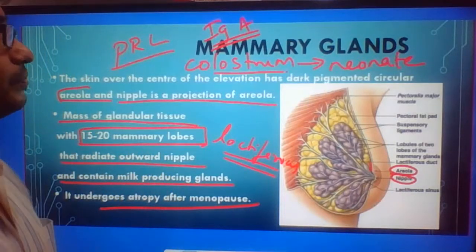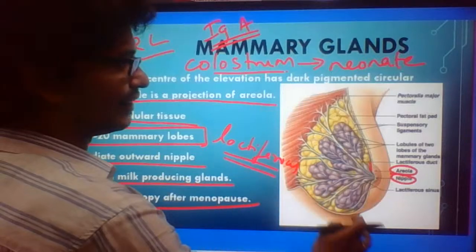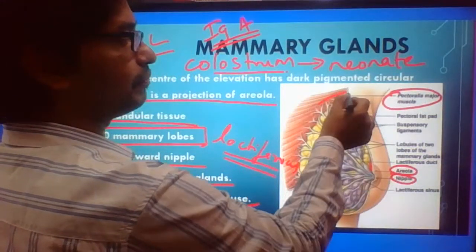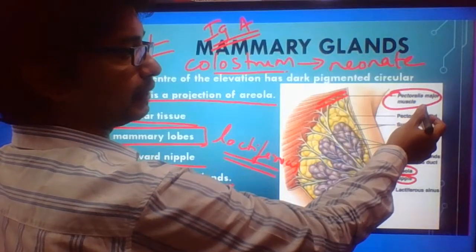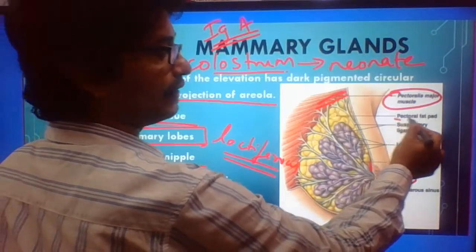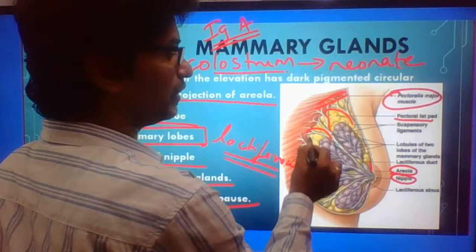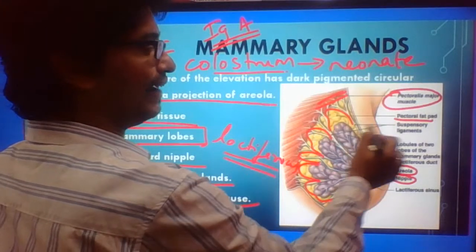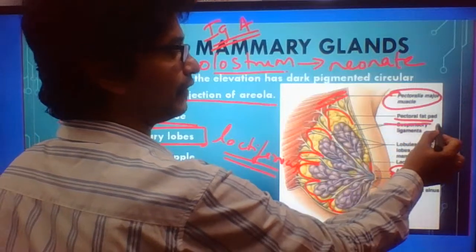Okay, fine. This is about the mammary glands, and here you could see the pectoralis major muscle. Here the muscles which connect to the breast, this part is the pectoralis major muscle, and the pectoral fat pad. Here you could see the fat deposits, the yellow colored part, right? These are the fatty tissues that you could see all over here, and they are connected by means of the suspensory ligaments.